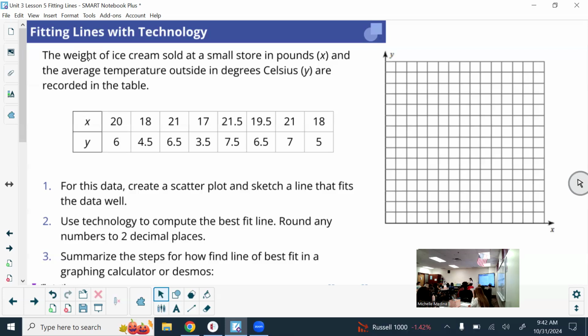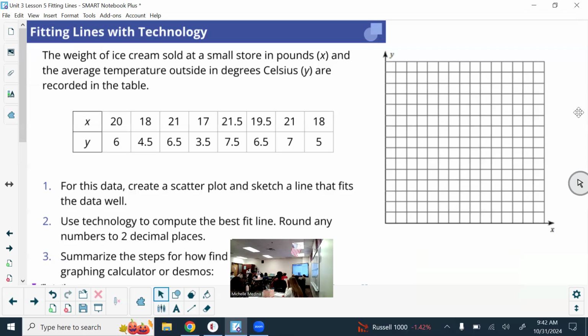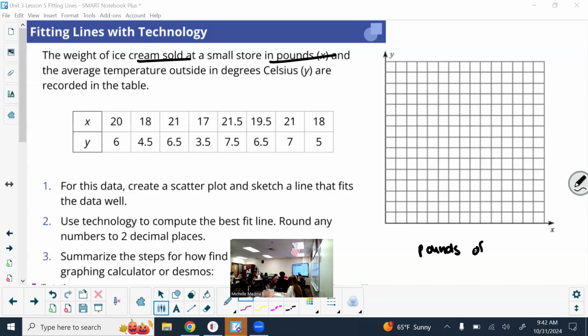So let's label it. What title needs to go on my x-axis? What are the x's in this situation? The pounds of ice cream sold, yes. So down here, you always want to include your units. And then also pounds of what? So pounds of ice cream sold.